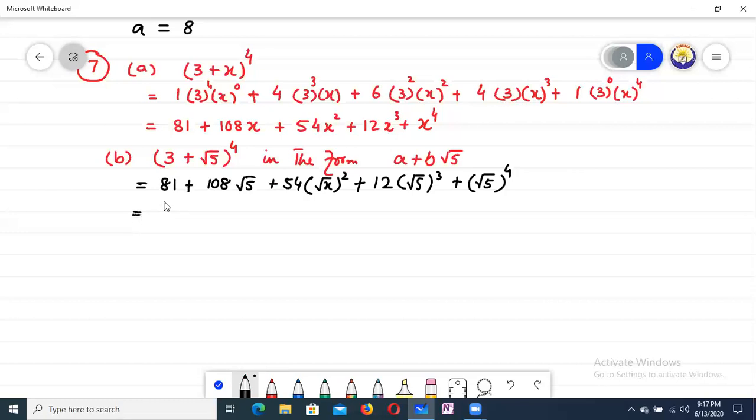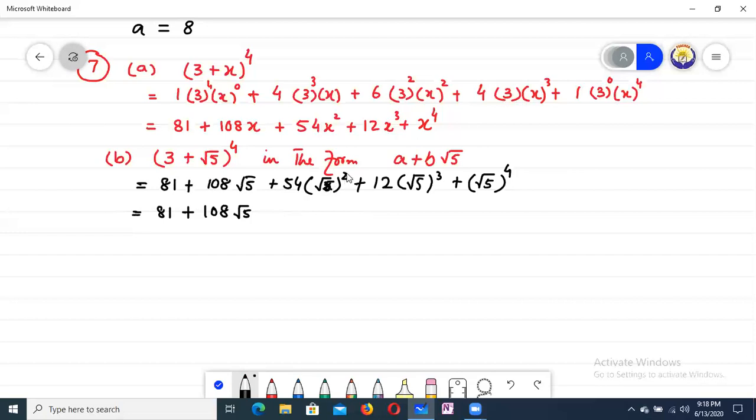Now 81 plus 108 square root of 5, plus here the square cancels with the square root, here is square root of 5.